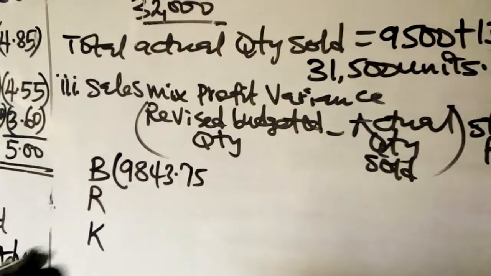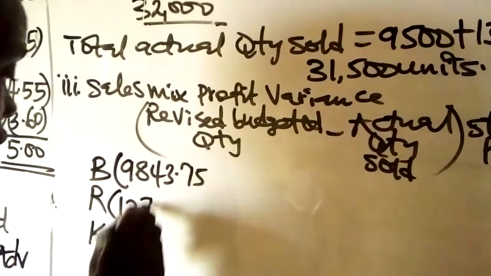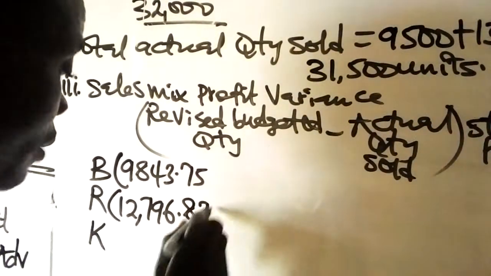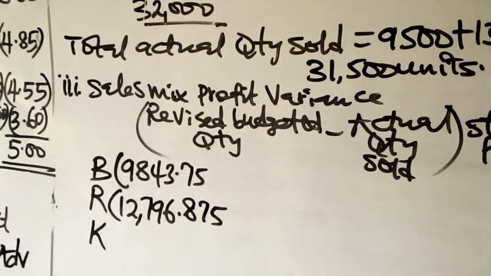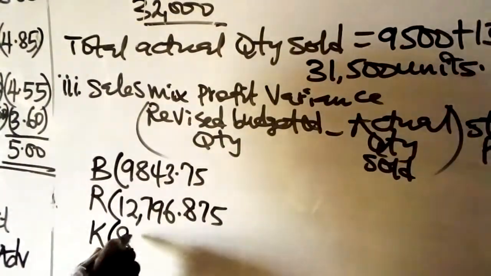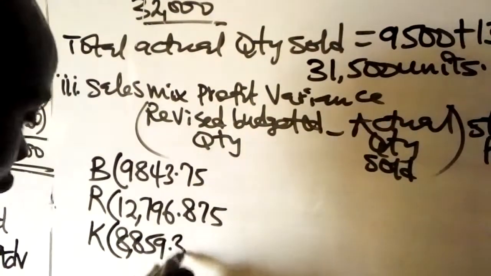For R, we got 12,796.875 units, and for K, we got 8,859.375.